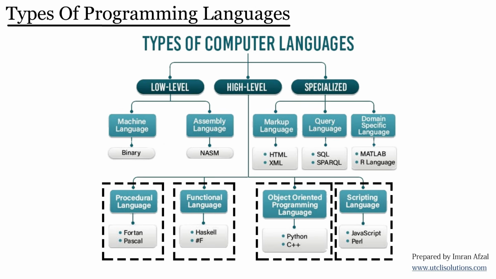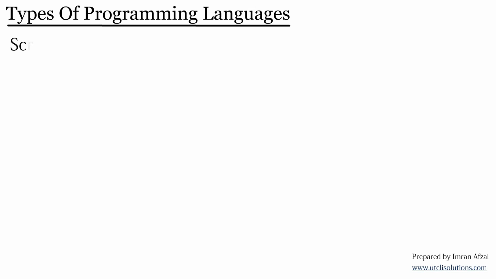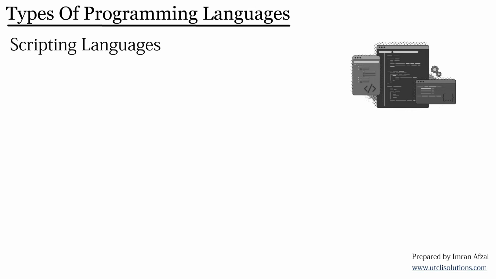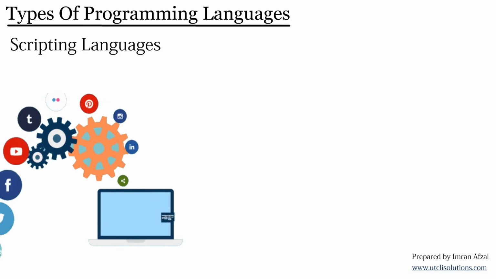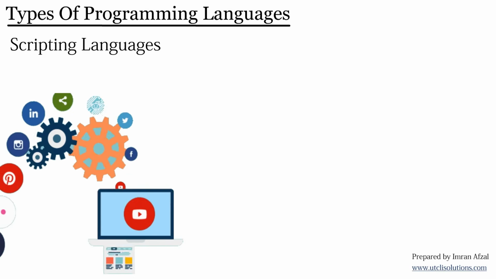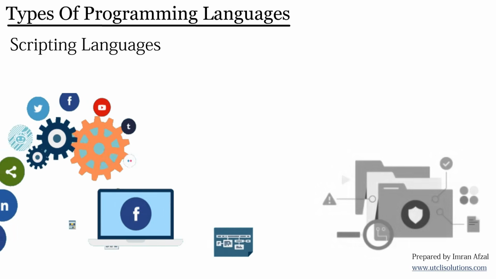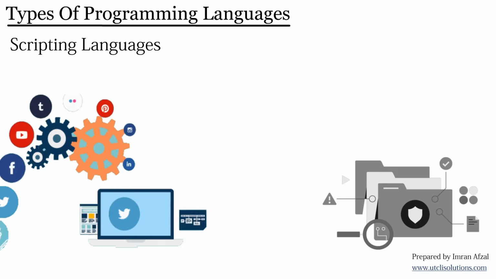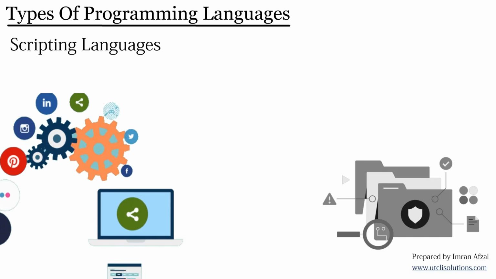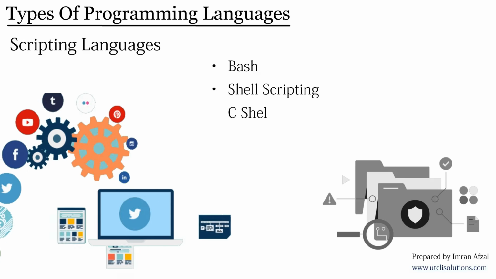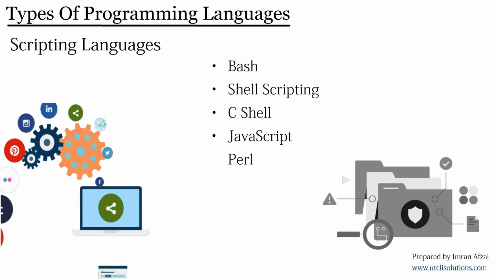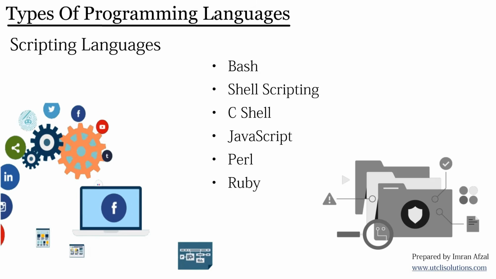Then there are scripting languages. These languages are designed for scripting and automation tasks. They are often understood and processed as they are read, and they can handle different types of data without strict rules. Examples include Bash, shell scripting, or C shell, JavaScript, Perl, Ruby, and so on.